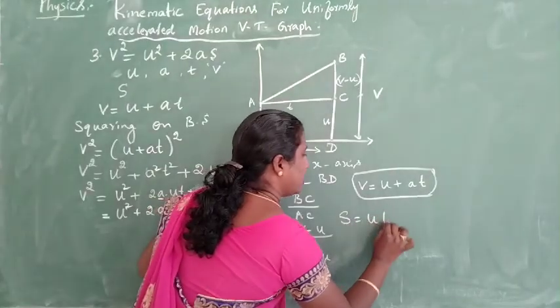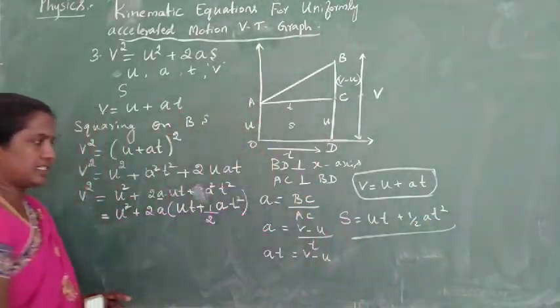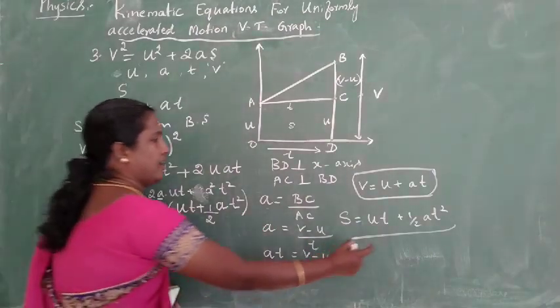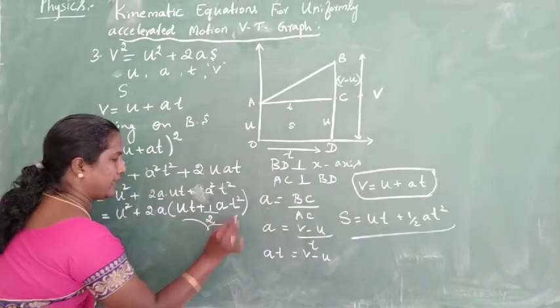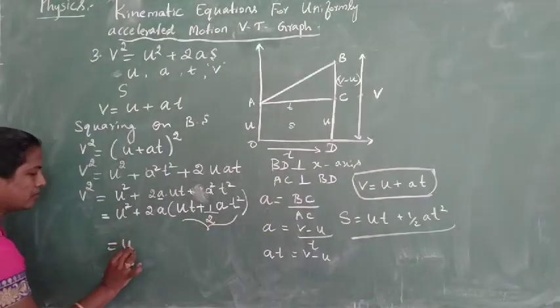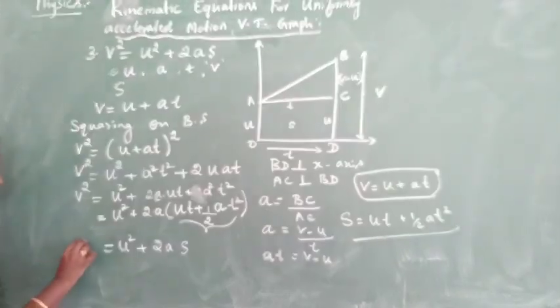S is equal to ut plus half at square. So here, ut plus half at square, therefore in this place I can write as a, that means u square plus 2a into s, here v square.